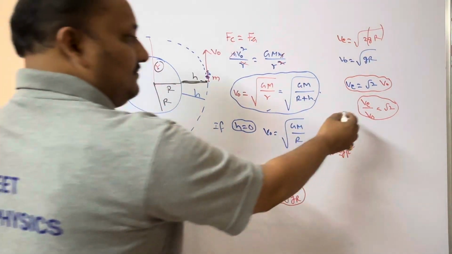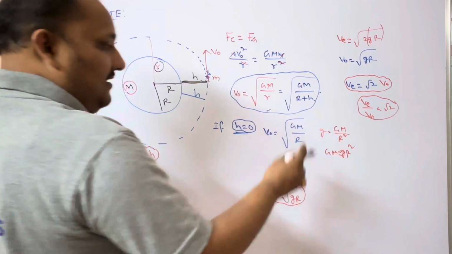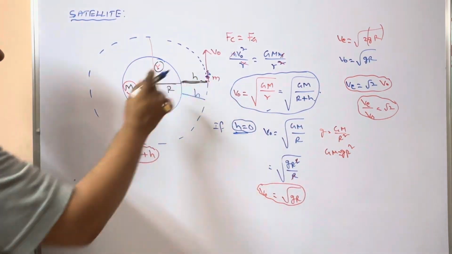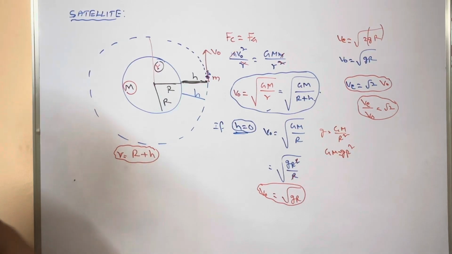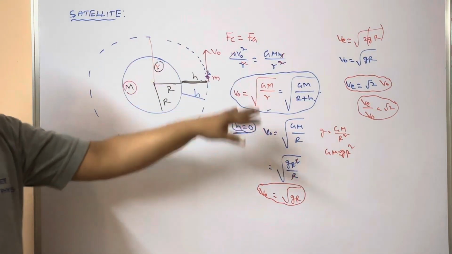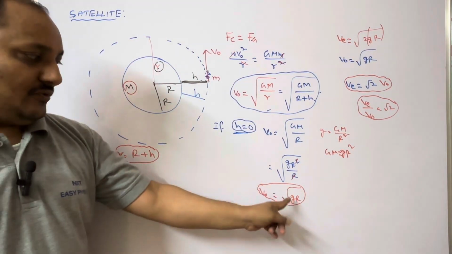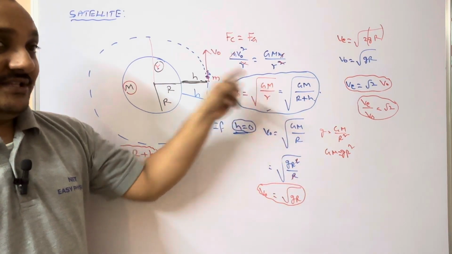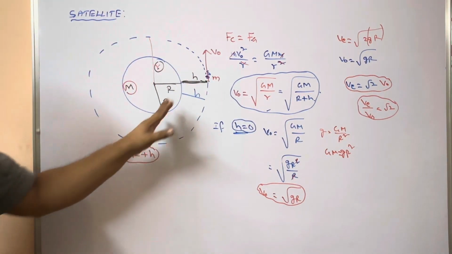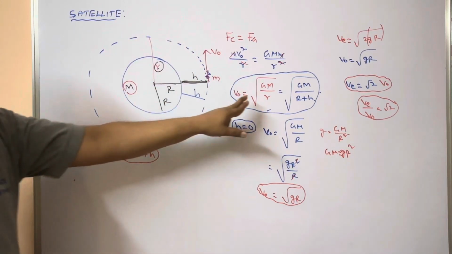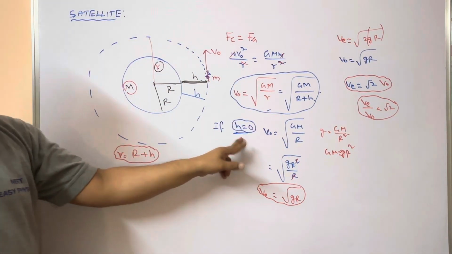This is the case whenever the height is very near to the surface. If they give in the question that the satellite is revolving very near to the surface, what is its velocity? Then root gR. Otherwise, you have to take the general formula. Generally, if any satellite is revolving in a particular orbit we will take that formula. This is the special case.